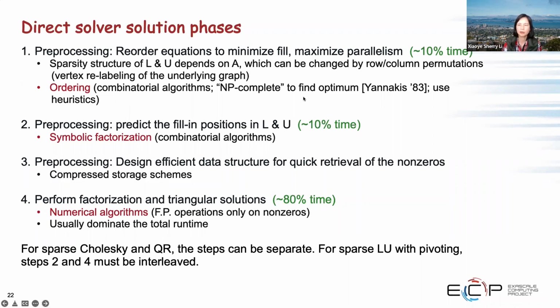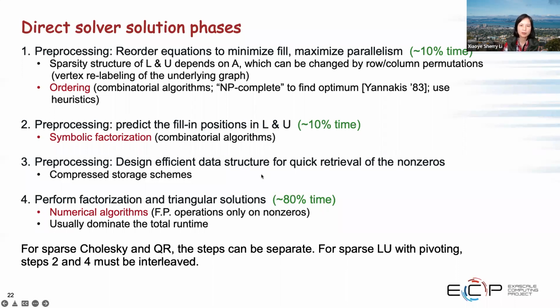I showed in the earlier cartoon that with this 5-point Poisson equation, if you do natural ordering, you will get a lot more fill compared to minimum degree or nested dissection ordering. So that's a big deal. This ordering part is purely a graph algorithm, and finding the optimal is not polynomial time, it's NP-complete. So every algorithm we use is heuristics-based.